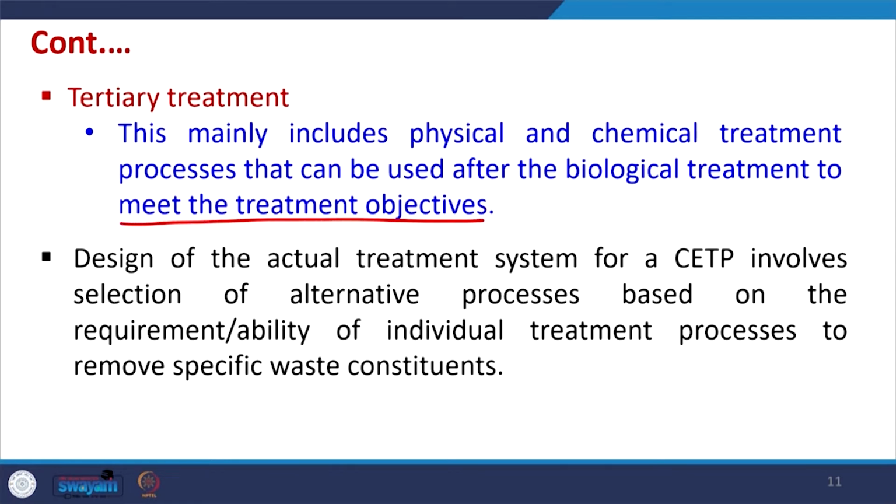So, design of an actual treatment system for a CETP may involve selection of alternative processes based upon the requirement of individual treatment processes, depending upon the characteristics of the water, the amount of water being generated, and the final standard that we have to achieve. Depending upon that, the actual treatment system for a CETP or for any industry can be designed.